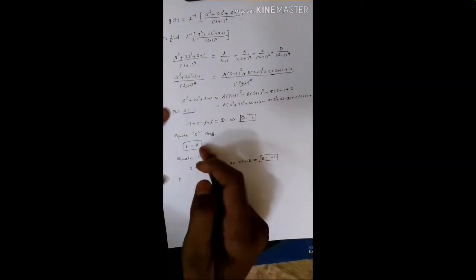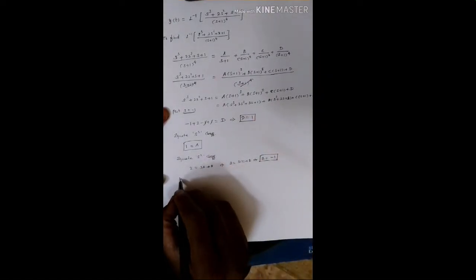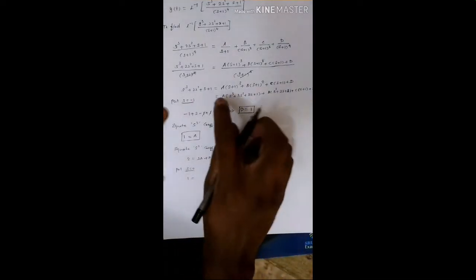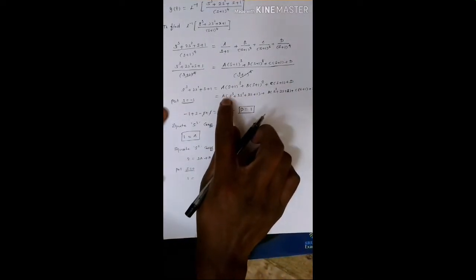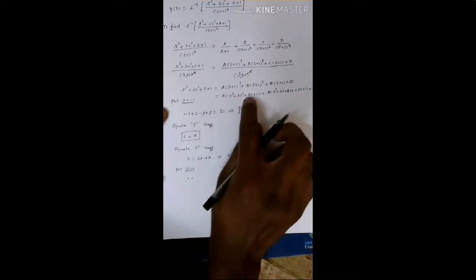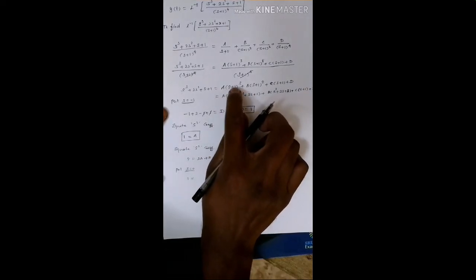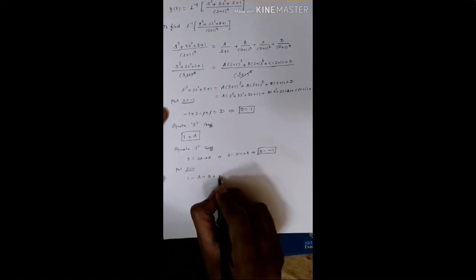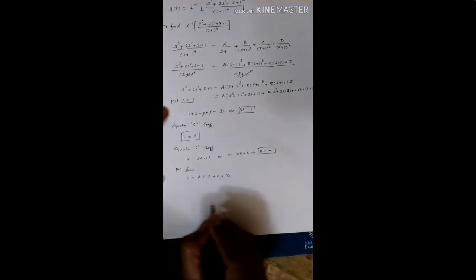So next, the last constant. We got a, d and b values, so we need only c. For the last constant we can easily compare the constant term, that means putting s equal to 0. We get 1 equals, on the right, 1 cube is 1, that is a, plus the next term b, plus c, and there is no s term in the last, so we write d.